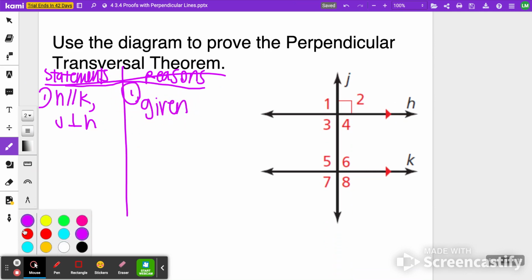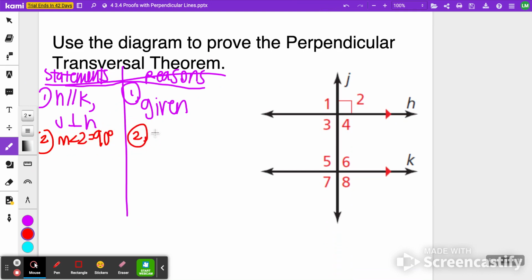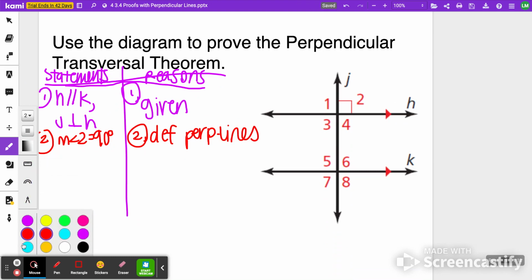Okay, then we can go forward and maybe say the measure of angle 2 is equal to 90 degrees, and that's the definition of perpendicular lines. Okay. We also know that angle 2 is equal to angle 6, because that's the corresponding angles theorem.